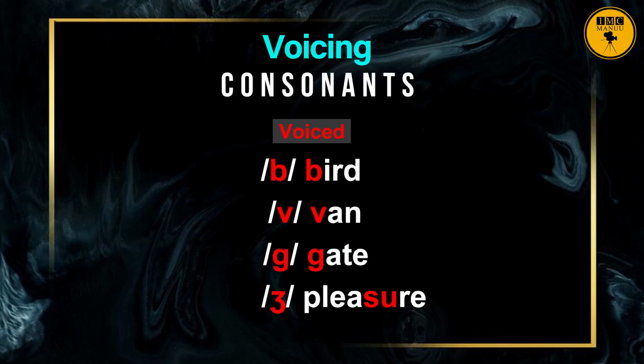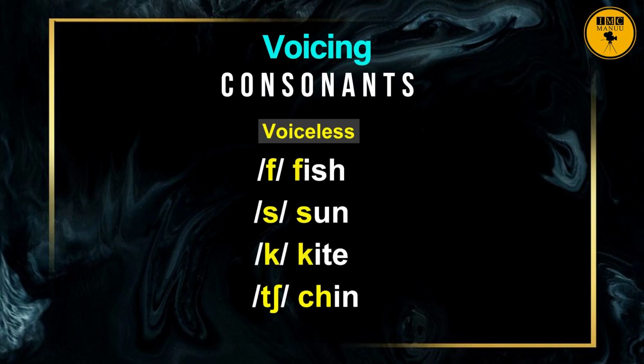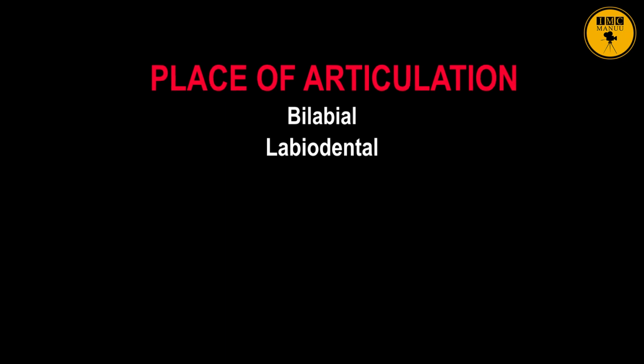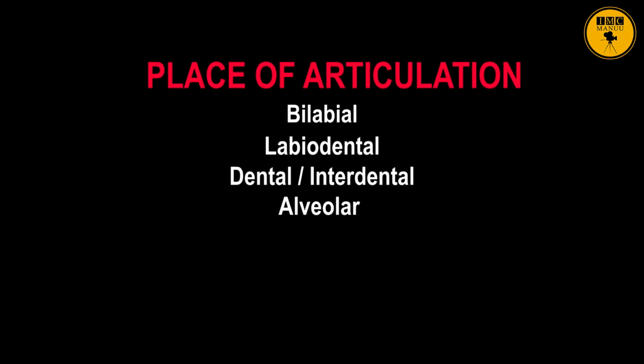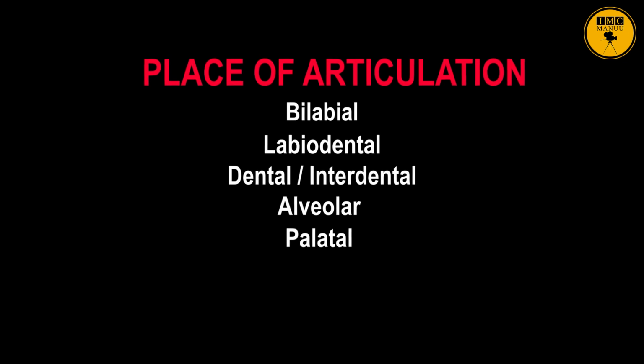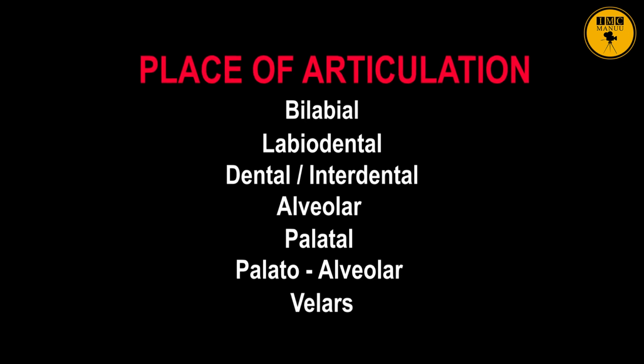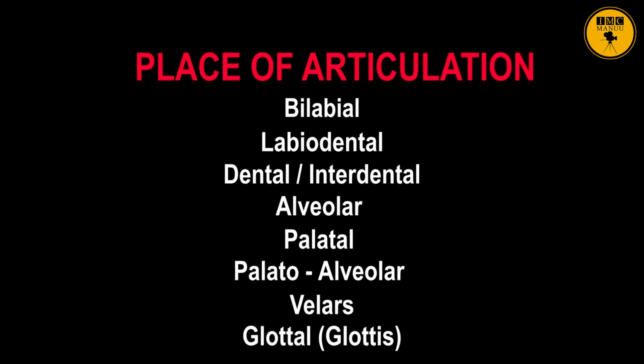Some examples of voiced and voiceless sounds that we studied in the previous lesson are bird, van, gate, pleasure. Under voiceless consonants, we studied the examples of fish, sun, kite, chin. For the place of articulation, we told you there are 8 in number: bilabial, labiodental, dental or interdental, alveolar, palatal, palatoalveolar, velar, glottal.